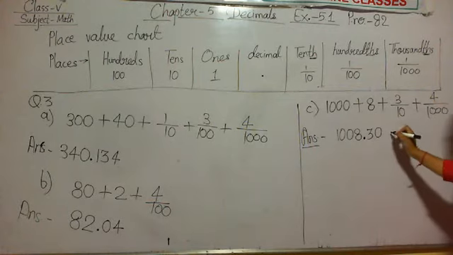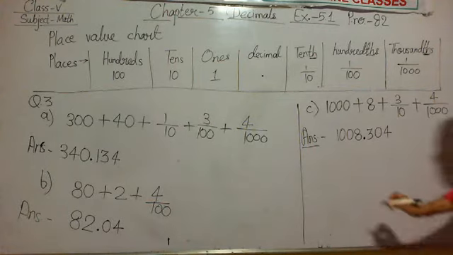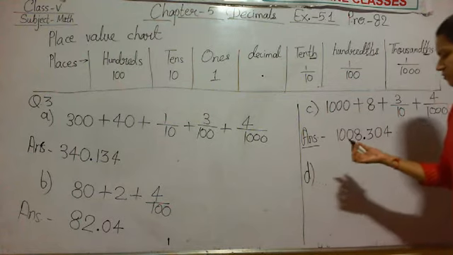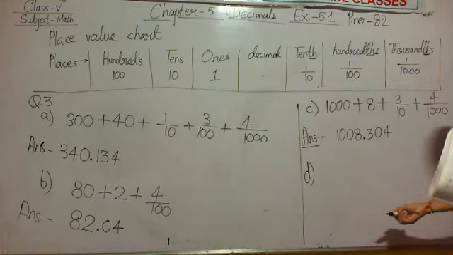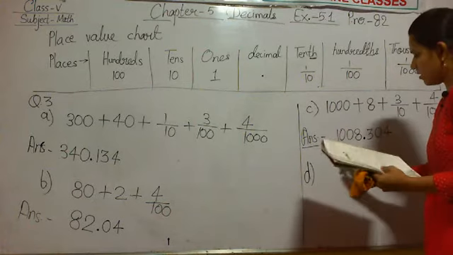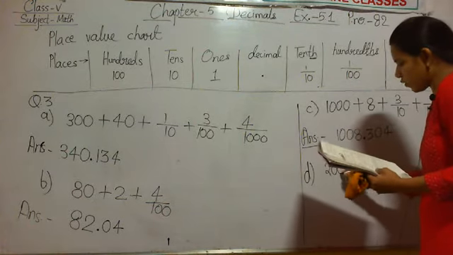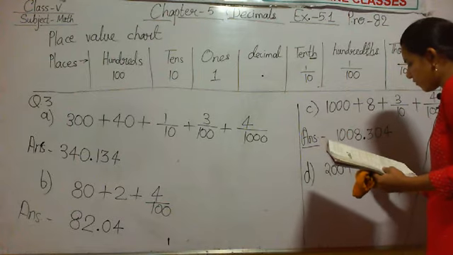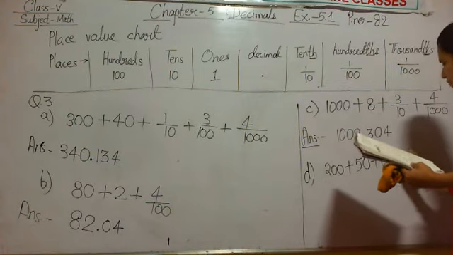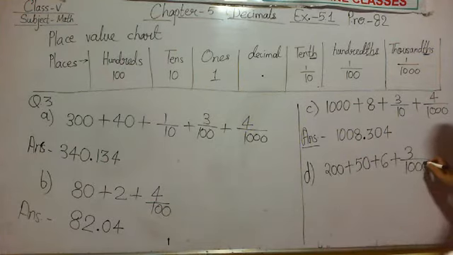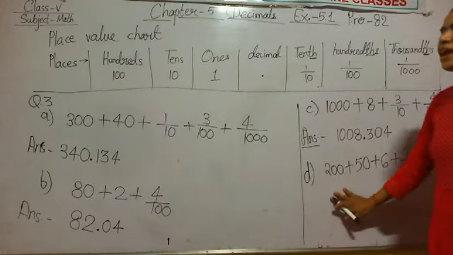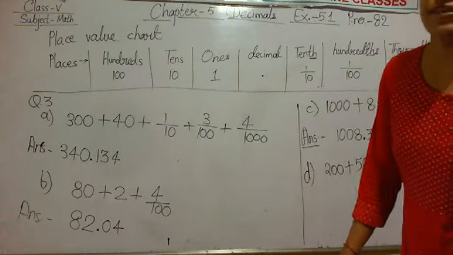Then 4, so write 4. Part D. The given number is 200 plus 50 plus 6 plus 3 upon 1000. You need to write its short form.